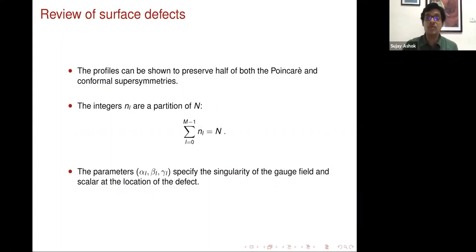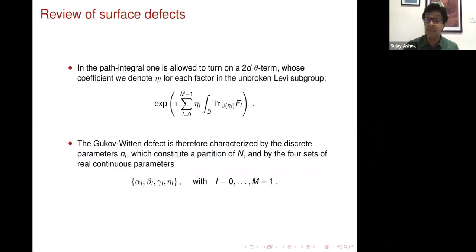Because we are in 4 dimensions, codimension 2 also means dimension 2, as we've just seen. So in addition to these 3 parameters, when you do these path integrals over configurations that include these defects, you're allowed to turn on a 2-dimensional theta term along the defect. This is unlike those singular profiles. It's just something you're allowed to do in the path integral.